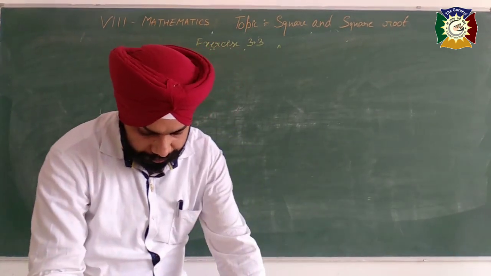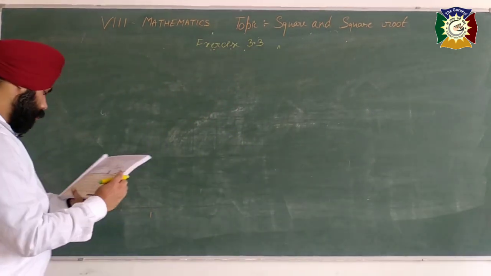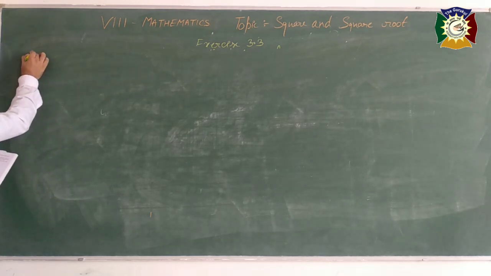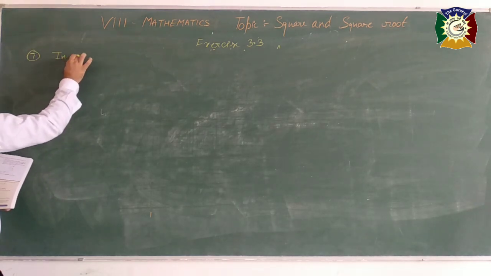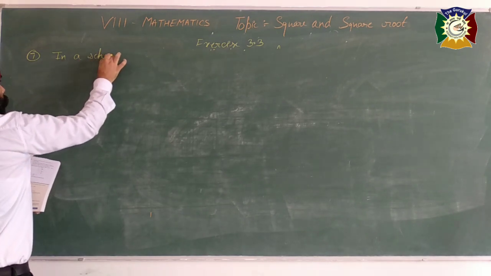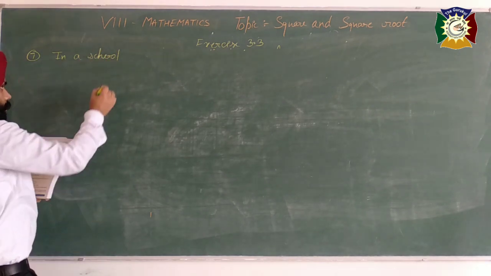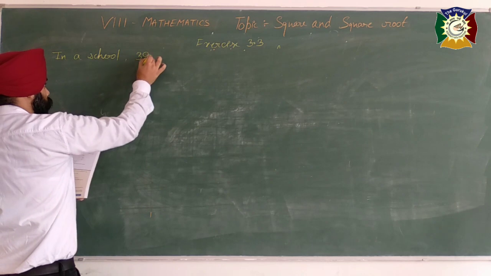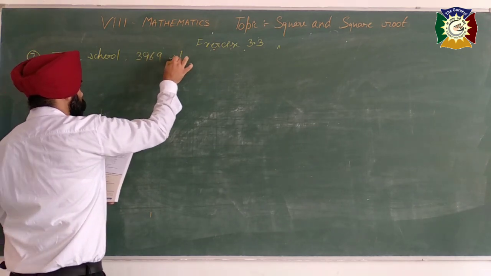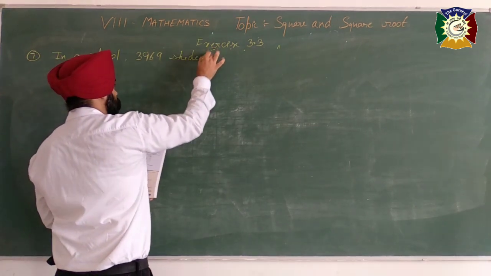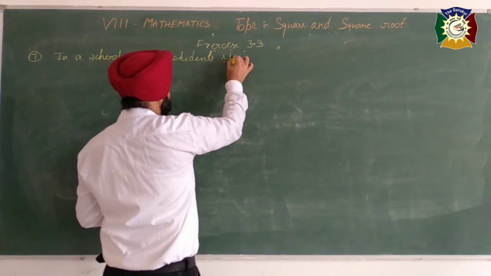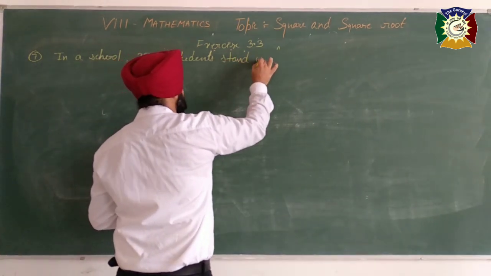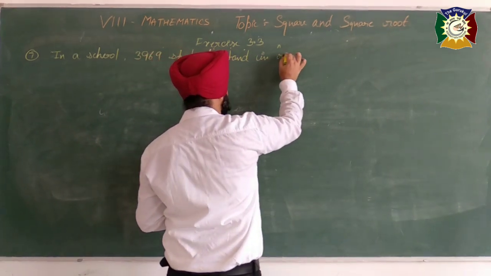Look at here. Question number 7. In a school, there are 3,969 students standing in rows.